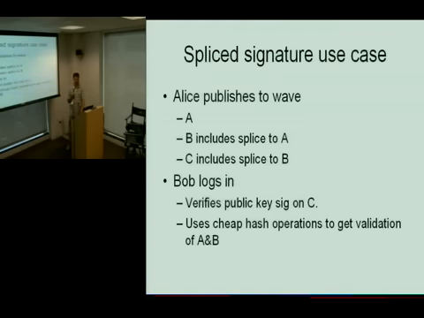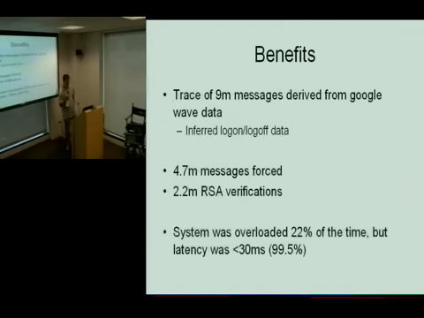The benefits were measured on a trace of 9 million messages derived from Google Wave data. Here I modeled the situation where I inferred log on and log off times for users. If a user was online, they wanted 0 latency. If they were offline, I was allowed to queue up messages until they became online.